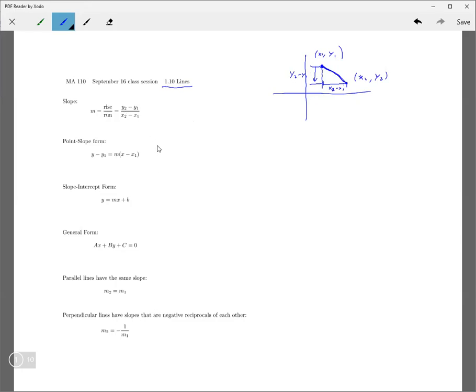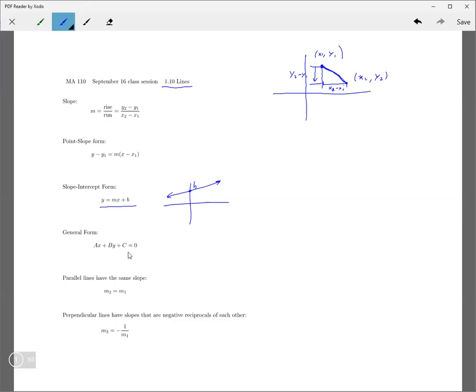Now there are different forms of the equation of a line. Probably the most common one is the slope-intercept form. With this one, it literally goes through the intercept, and then the m represents the slope, the rise over the run. This is the point slope form. If you have a point and you know the slope, you can write that down.